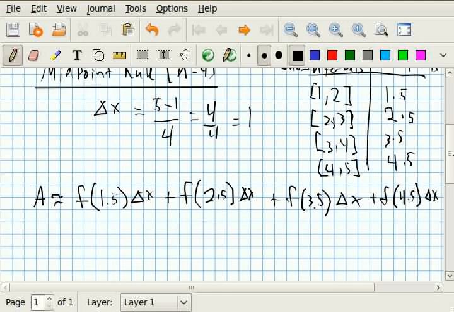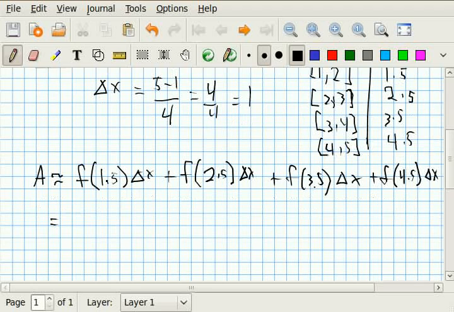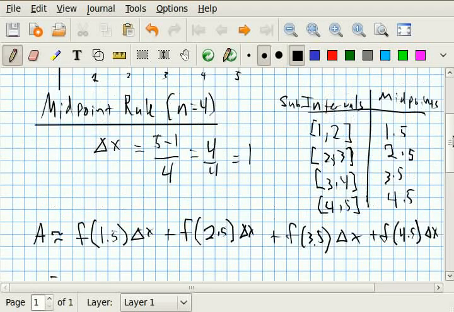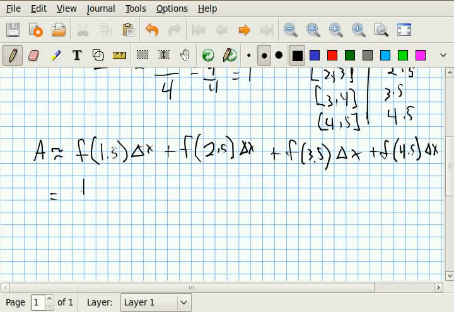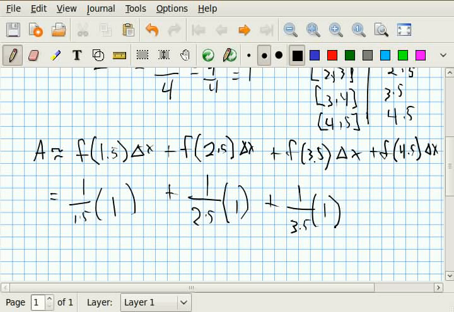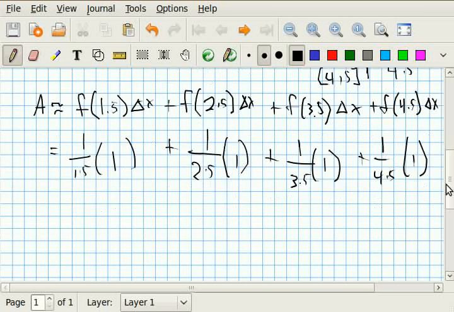So for instance, to get this answer, what do we need to do? Well, we need to put 1.5 into the function. So that's 1 over 1.5 times delta x, which is 1, plus 1 over 2.5 times 1, plus 1 over 3.5 times 1, plus 1 over 4.5 times 1. Whatever that number is, that's what we would approximate the area below the curve as.